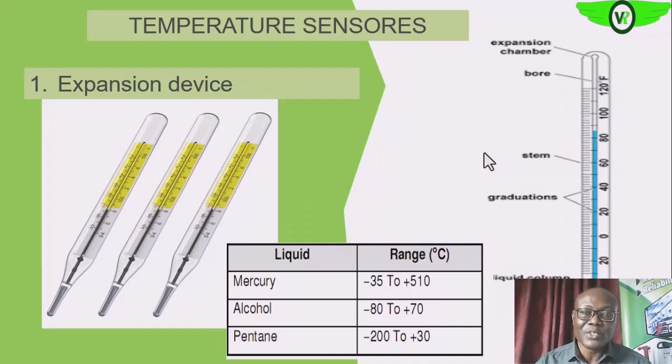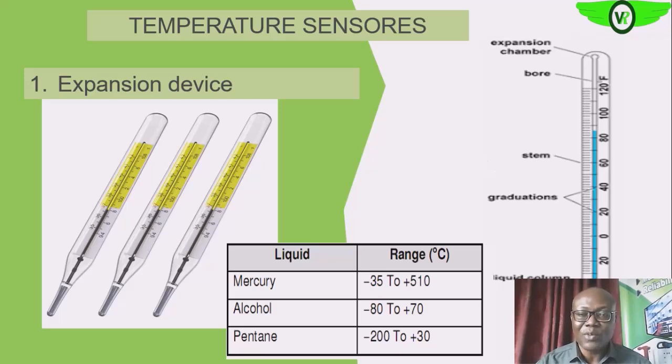For this variable, temperature, we have different sensors that we can use to monitor it. We have sensors that use expansion fluids or expansion devices. Examples are fluids or materials that, when heated, tend to expand, and when cooled, contract back to their normal state or structure.